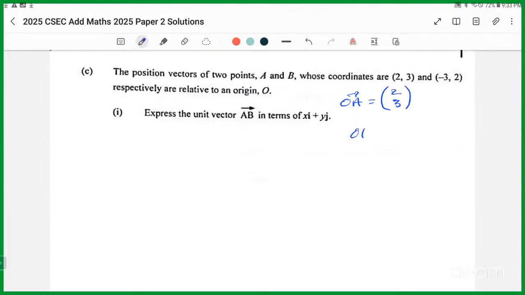And OB will have the same values as this one, minus 3, 2, in vector form. And I want us to find the vector AB.